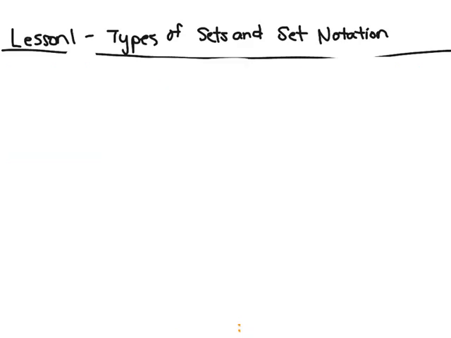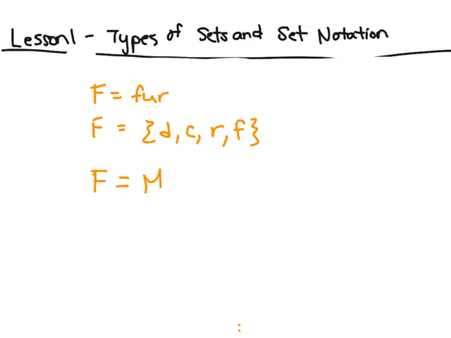If we wanted to create a subset of fur-bearing animals, we would write it in set notation as well. So let's let F equal fur-bearing animals. So that would be the same as the dog, the cat, the rabbit, and the ferret. And so because it's the same as mammals for this instance, we know that F is equal to M for our example.